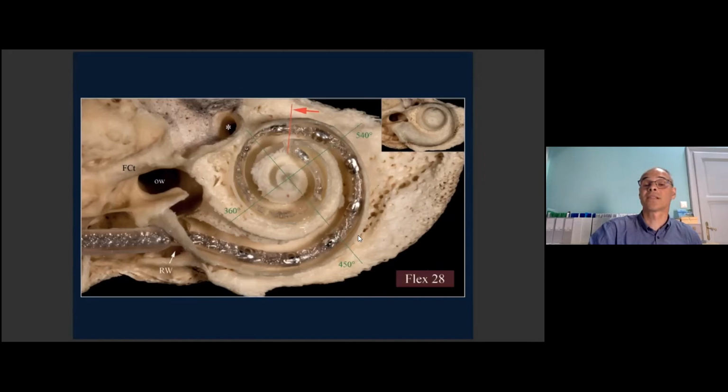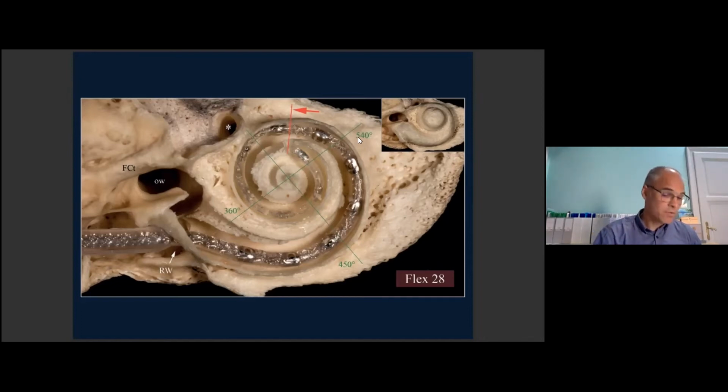A lateral electrode, it means if you put the electrode through the round window in the middle of the basal turn, it comes over the carotid artery and here touches the lateral wall of the cochlea, and the following pathway from this point of the electrode comes on the lateral side, on the outer surface of the cochlea. This is a Flex 28, and it comes more than 540 degrees.